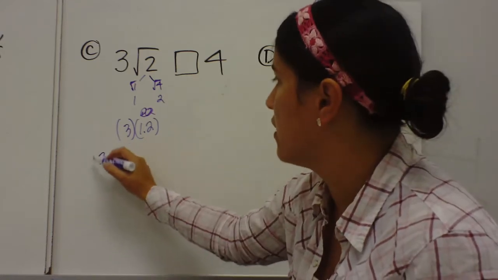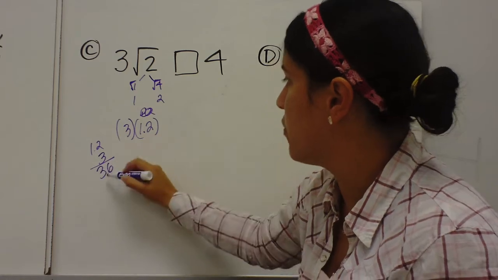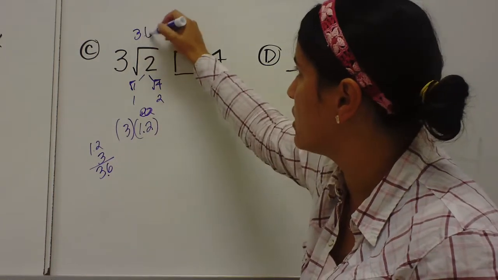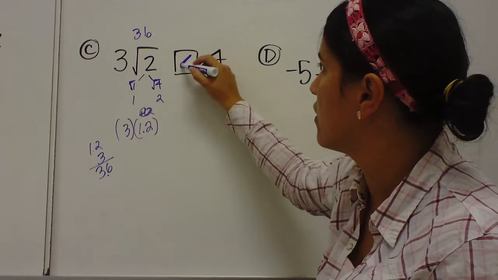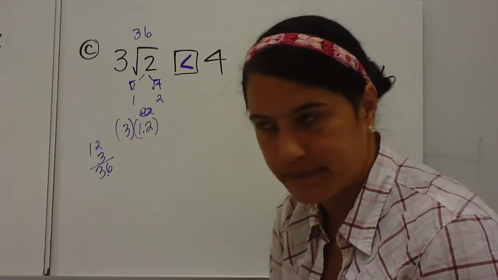So if we multiply 1.2 times 3, we get 3.6. So this is about 3.6 and 4, which means 4 is going to be larger.